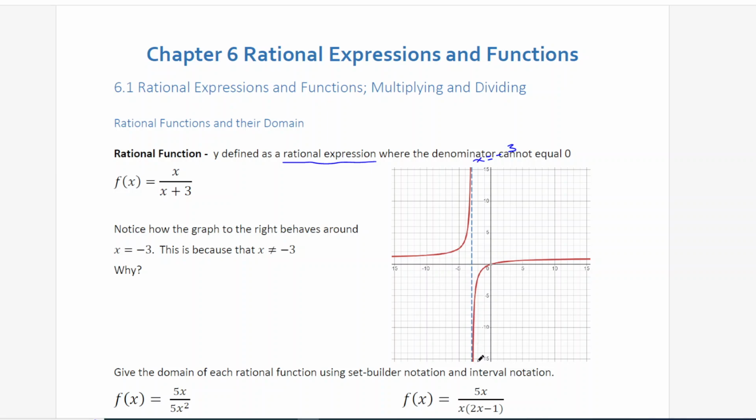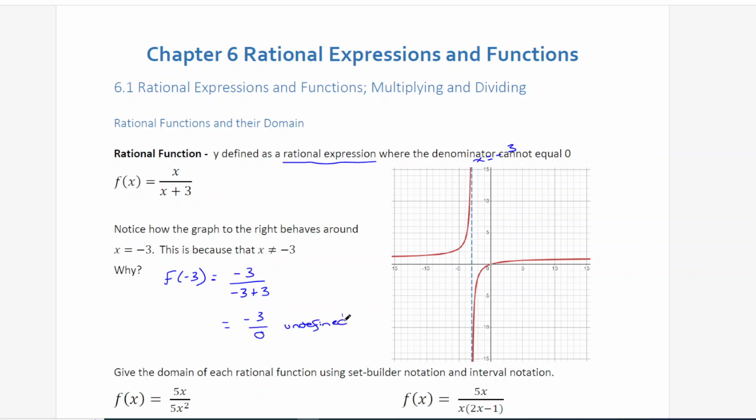And that's because when you have an x in a denominator, there's things that x can't be because you're not allowed to divide by 0. So the reason why is that if I was to put negative 3 into my function, I'd have negative 3 divided by negative 3 plus 3, which would be 0, sorry, not 0, which would be negative 3, got excited there, negative 3 divided by 0, which is undefined.